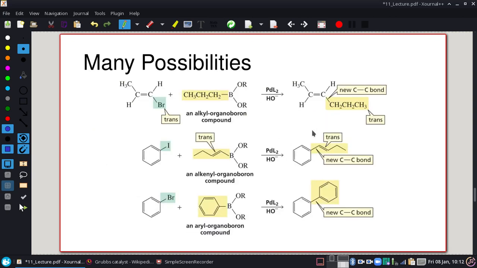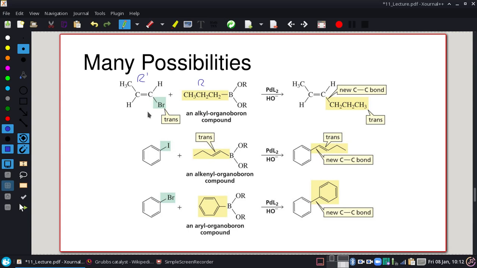Now, the other neat thing, the organoborons can be anything. So the organocuprates needed to be something we could make an organolithium out of. Now, we could do just about anything, but the organoboron we can make almost anything out of. So this R can be just about anything, and this R can be just about anything.